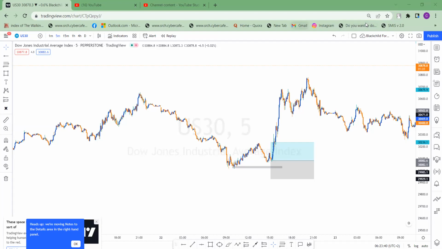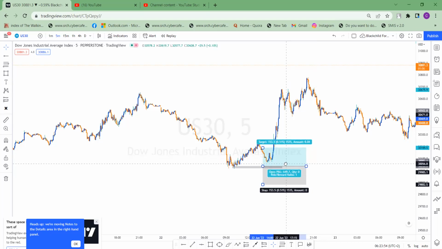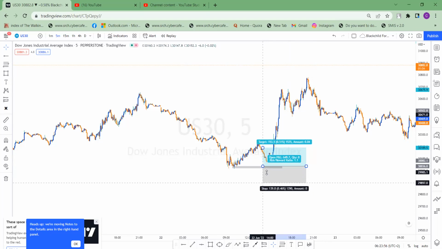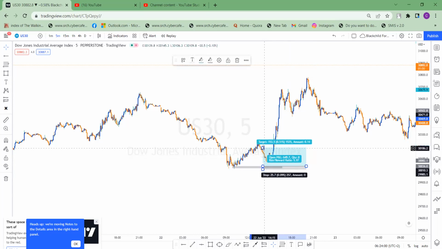Okay, so don't feel bad that the market has left you, the market has done this, the market has done that. There's always going to be a trade that's going to play out, right? So if you just be humble, put your trade there and your stop loss just below, and wait for the market to play out.